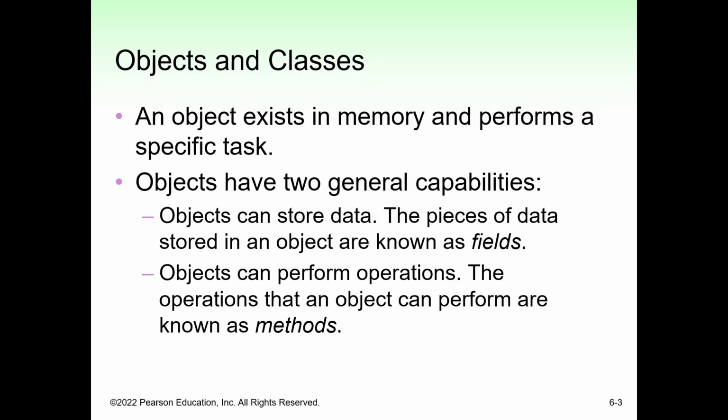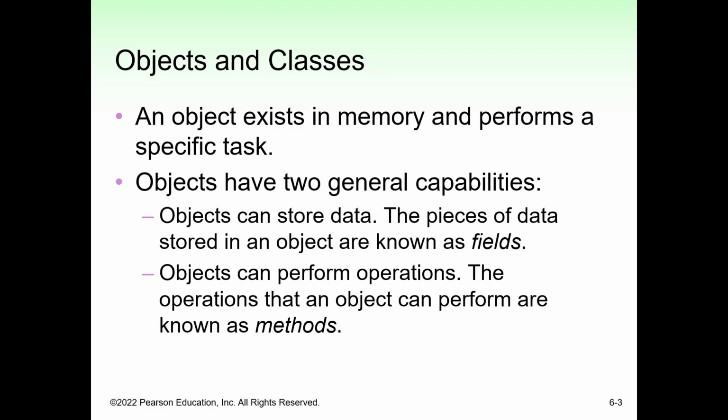We know that our objects exist in memory, and they exist for a very specific reason. So they should be performing some sort of task for us. And we know that objects have two general capabilities, and one of them is storing data. You can see that by providing variables to your objects, and another word for that is fields.